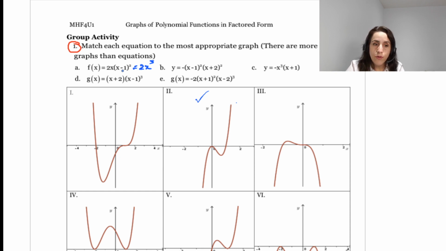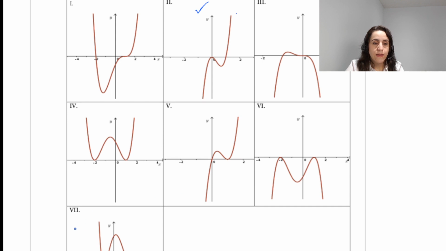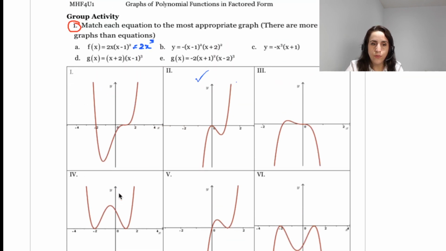Then I need a bouncing point at 1 and a normal passing at 0. When I'm checking between number 2 and number 7, number 7 doesn't have any 0, so right away this one is going out.